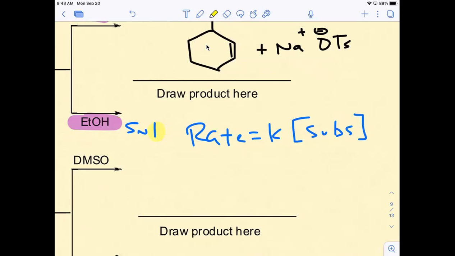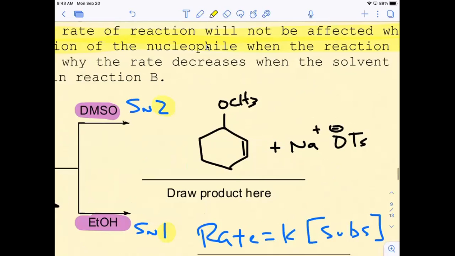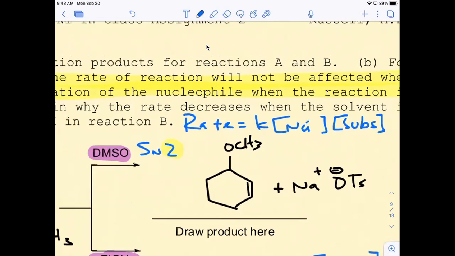Right up here is bimolecular. So that means that the rate is going to be dependent on both the nucleophile as well as the substrate. And for E1, which I just realized that we didn't talk about the rate law, it's the same rate law as SN1, k times the concentration of the substrate.